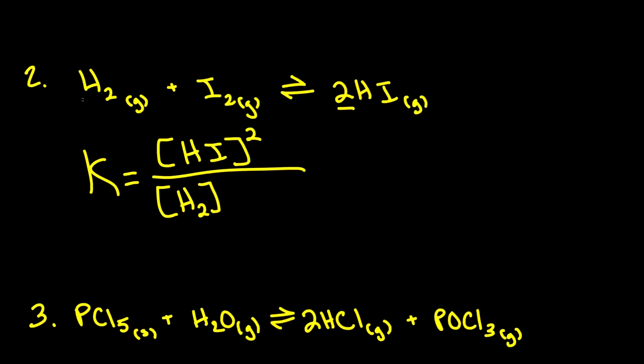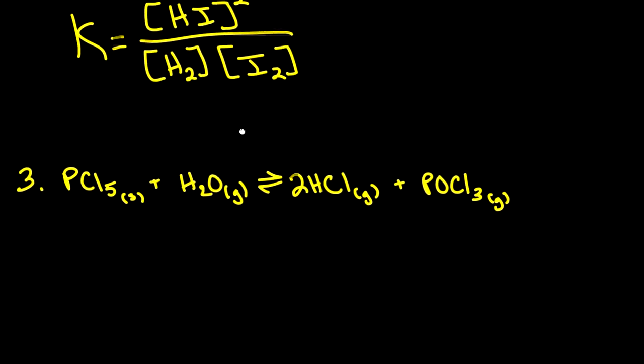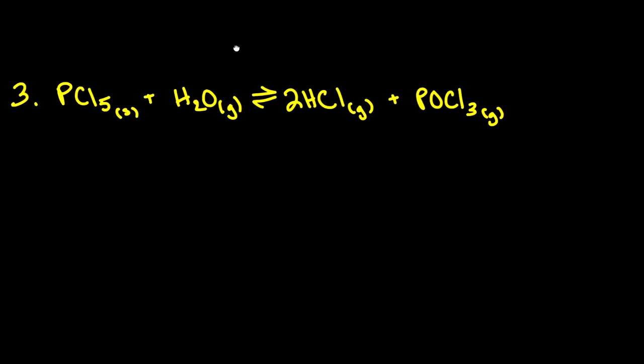It has a 1 in front of it, so no need for a number, no need for a power, times the concentration of the next reactant, which is I2. I need a power. It's a 1 here, so it's understood to be 1. And there is our formula. Hopefully this is starting to click for you. So it's always products over reactants. The balanced equation coefficient is the power to which you raise it.